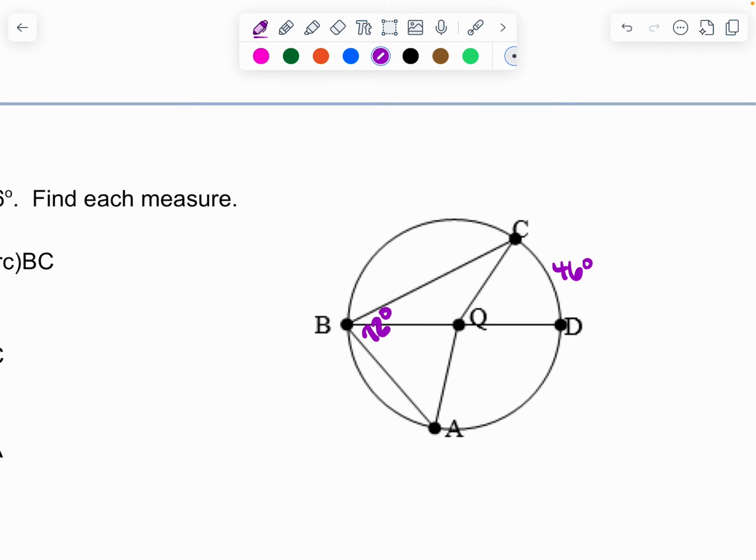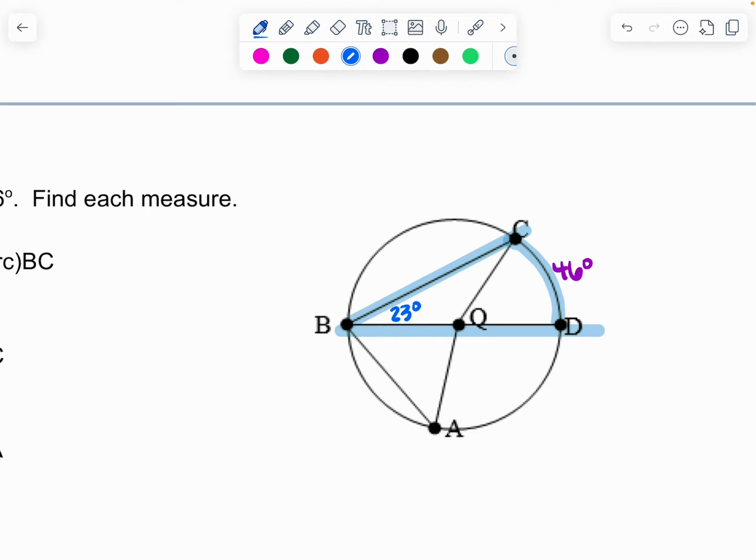But the first thing I'm going to take care of before I do anything is this 72, because I don't like that the 72 is split into two different angles, and I can actually figure out what those are. We clearly have that 46 is being intercepted by angle CBD. So right away, I can cut that 46 in half and figure out that this is 23 degrees of that angle.